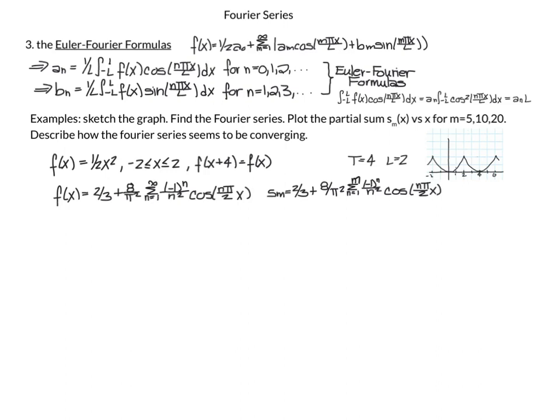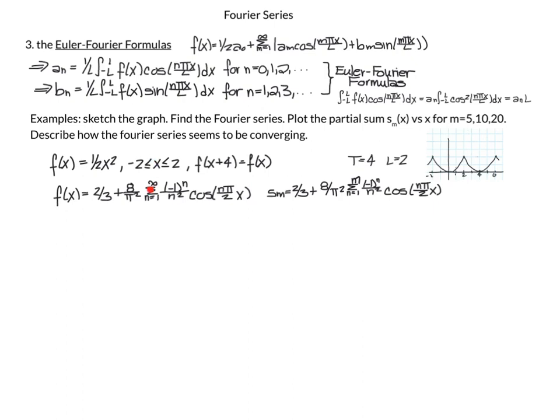So this example is kind of nice because it gets to how quickly our series here can approximate our function 1/2 x squared. So our f of x from our previous work is equal to 2/3 plus 8 over pi squared, sum from n equals 1 to infinity, -1 to the n over n squared cosine of n pi over 2 x.